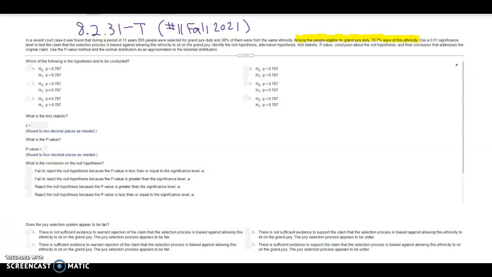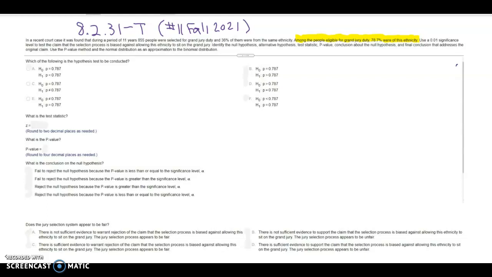Like in any hypothesis testing problem, we now need to state the claim and the null and alternative hypotheses. I'm going to reread the first two sentences. In a recent court case, it was found that during a period of 11 years, 855 people were selected for grand jury duty, and 36% of them were from the same ethnicity.